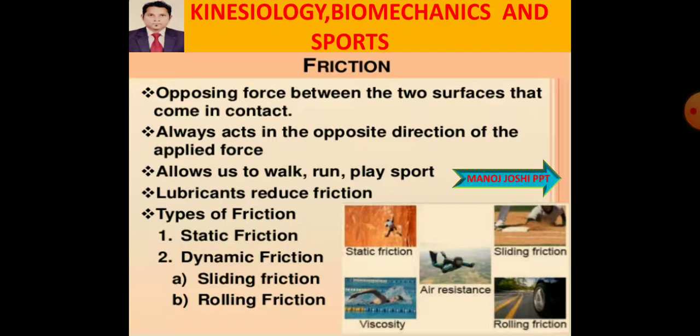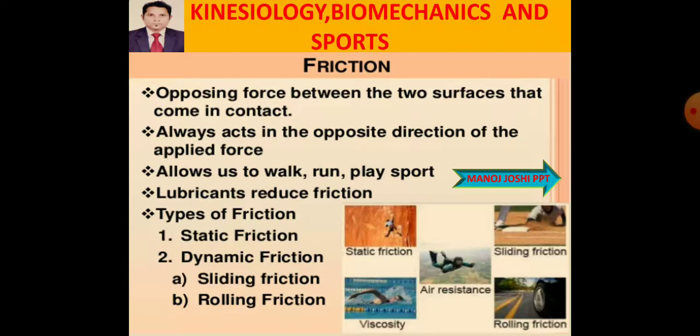Lubricants reduce the friction. The types of friction are static friction and dynamic friction. Dynamic friction is divided further into two parts: sliding friction and rolling friction. We will discuss them in detail.